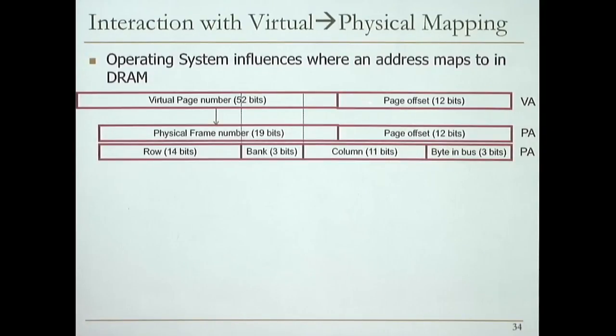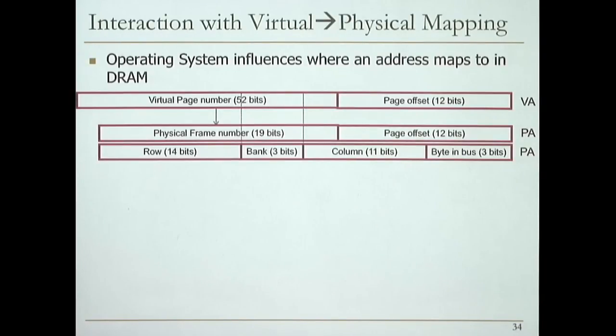Now, clearly, this is assuming that you have a 4 kilobyte page in this case and a byte addressable memory. And if you look at this physical address from the point of view of what we've been looking at in DRAM, it looks like this, right? Which means that the operating system, assuming you choose the bank bits from here, can have an effect on which bank it can place a particular page in, right?